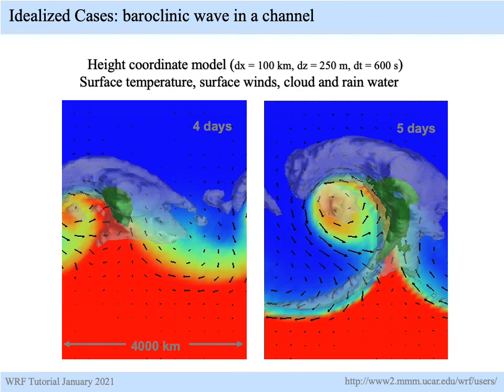We're also seeing the wind vectors and a 3D depiction of the cloud fields, which is partially transparent. Fairly clear, you can see the classic cold front, warm front structure, and by day 5, that warm core seclusion is very obvious in these plots.